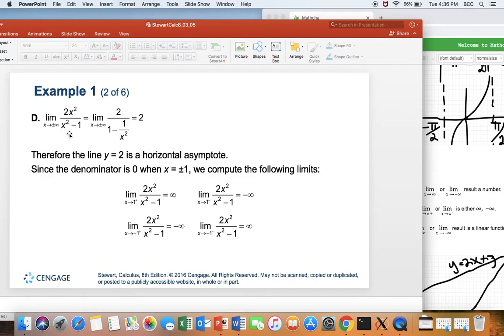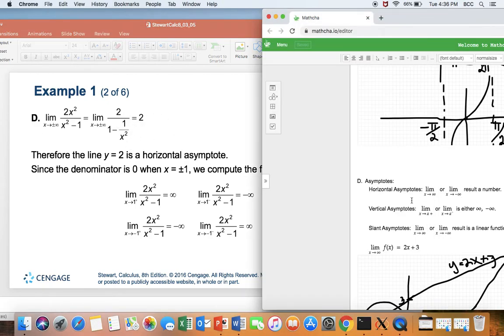You divide the numerator by x squared, you divide the denominator by x squared, you get 2 upstairs, and downstairs you get 1 minus 1 over x squared. Now when you let x approach infinity or negative infinity, this fraction goes to 0. You are left with 2. Aha, you got a number when you took this limit, which means you have horizontal asymptotes, both on the right and on the left.